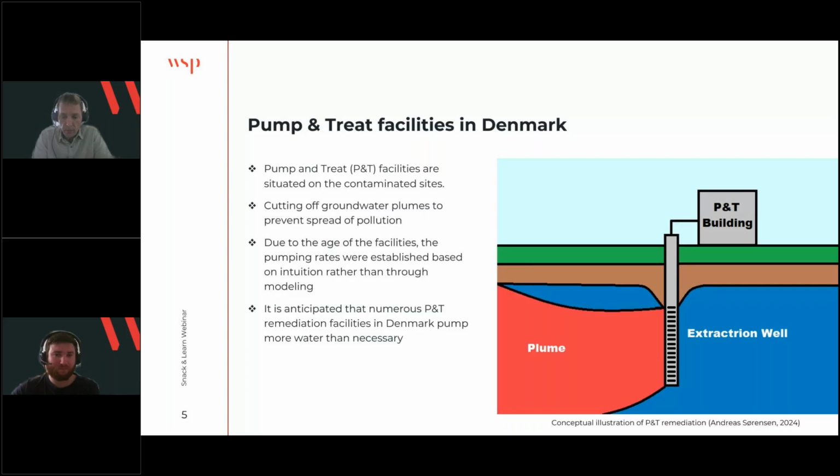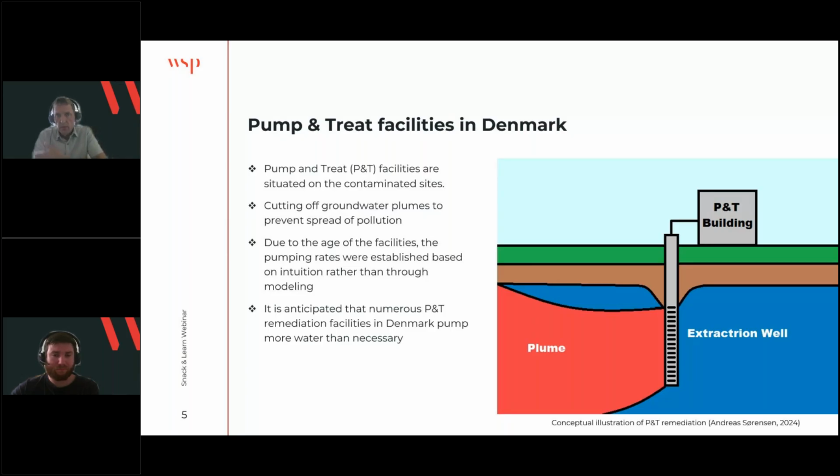Cutting off groundwater plumes to prevent spread of pollution is performed by pumping wells established on the outskirts of the plumes, where the pumped water is purified at a water treatment plant. That's called pump and treat. The water treatment could be carbon filters, or it could be other kinds of water treatment. And then the purified water is let out to a stream or lake or something like that.